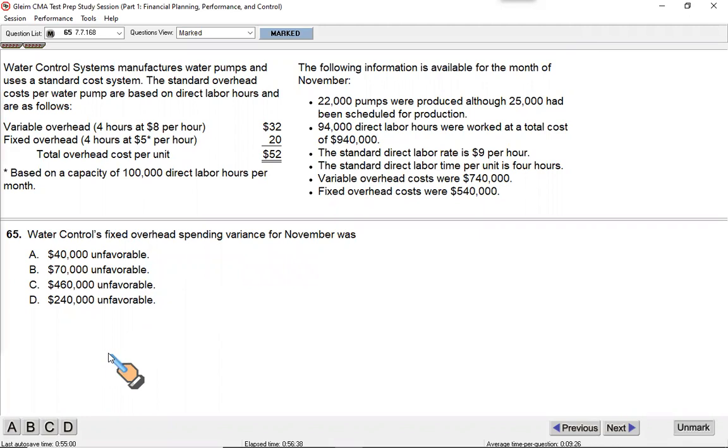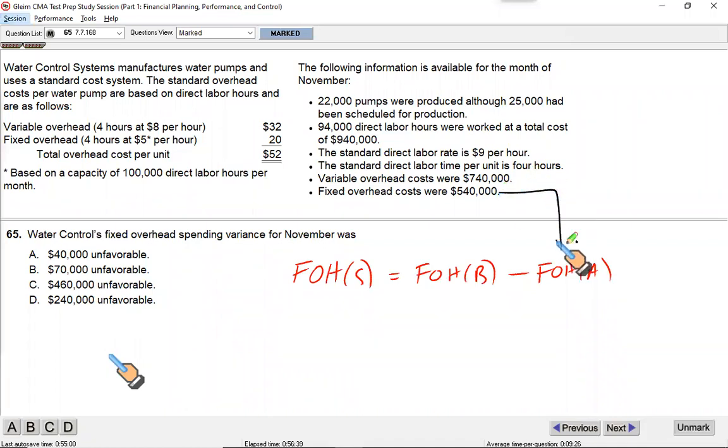How do we calculate fixed overhead spending variance? Fixed overhead spending variance is simply the difference between fixed overhead budget and the fixed overhead actual. We don't have to be worried about fixed overhead actual. It is given right here. Fixed overhead cost were $540. This is actual. Straightforward, we can plug this in right here.